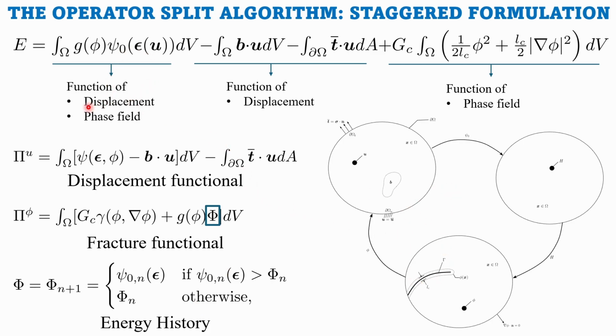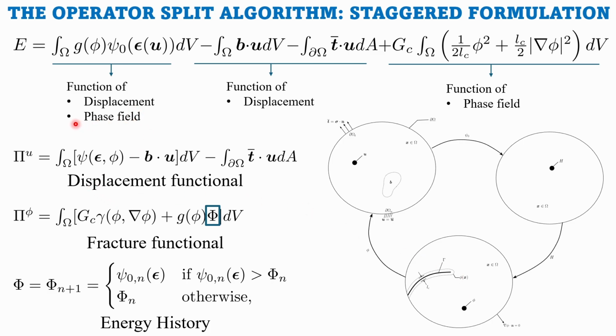This term was a function of displacement and phase field. This was displacement and this was phase field. So essentially, when we break the problem into these layers, we club all of the displacement functions separately, we club all of the phase field functions separately, and we use this history field in order to interact between these two layers.